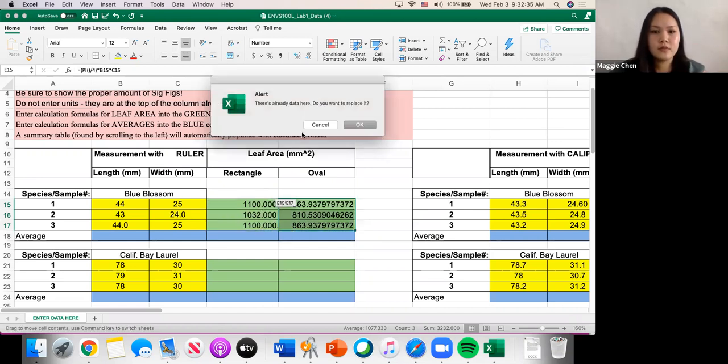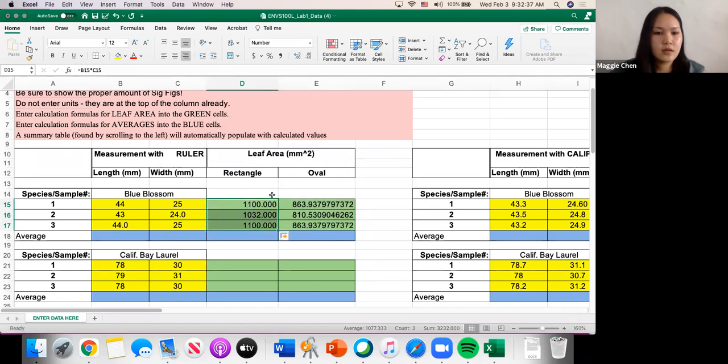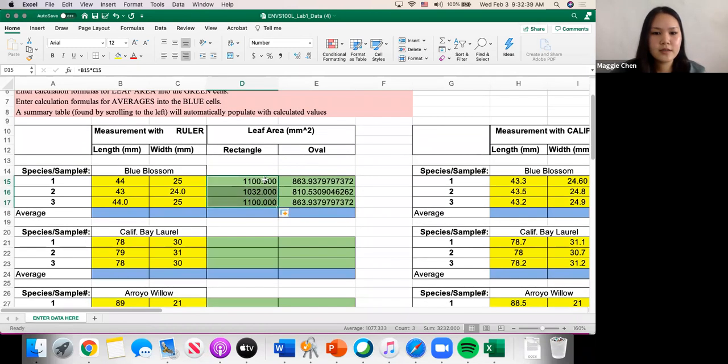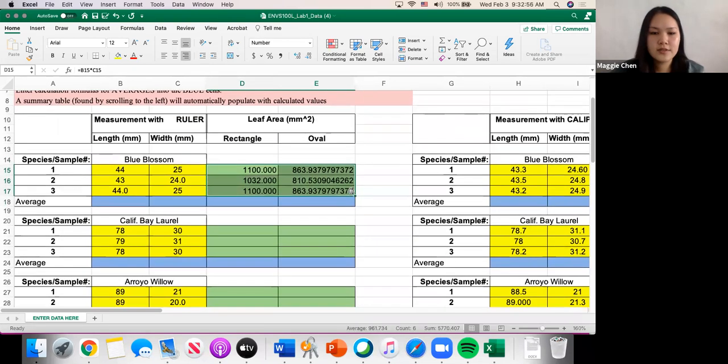So from here, now if we're just looking at this, we see there's a lot of decimal places, there's a lot of numbers going on, and we just want to put them in the right sig figs and maybe just put them in scientific notation. And how we can do that is just select the cells that we want to adjust.